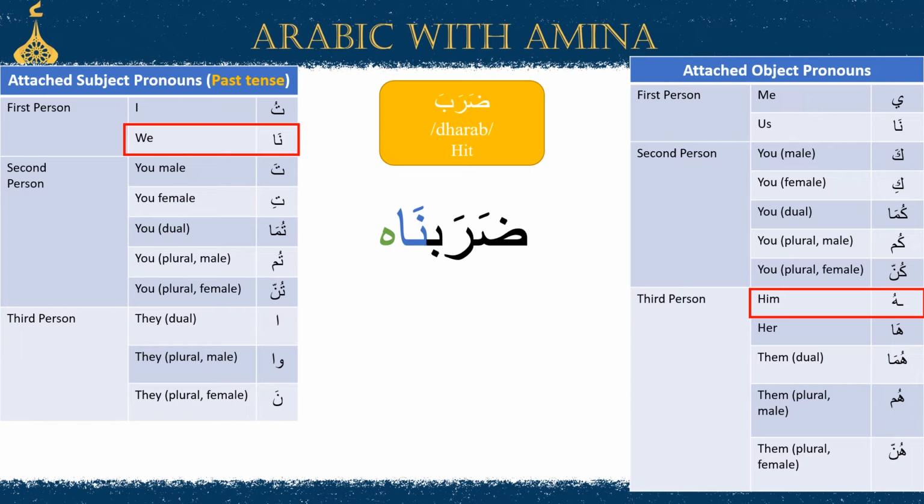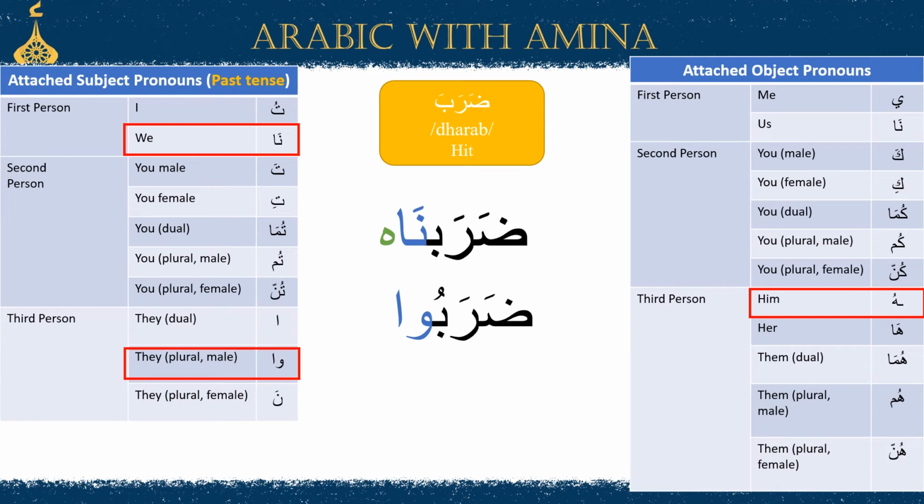Now as for adding pronouns to the past tense, there are two exceptions which do not exactly follow the rule of just take the subject pronoun, add it, and then take the object pronoun and add it. The first one is using they, plural male, which is waw alif, and we're going to use the same object, him. So our sentence is going to be they hit him.